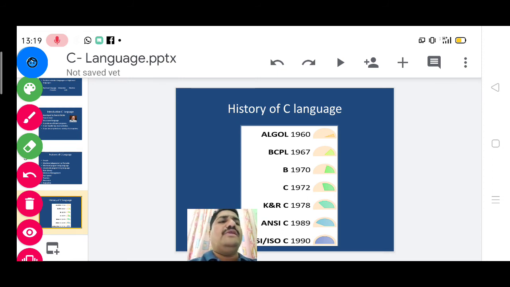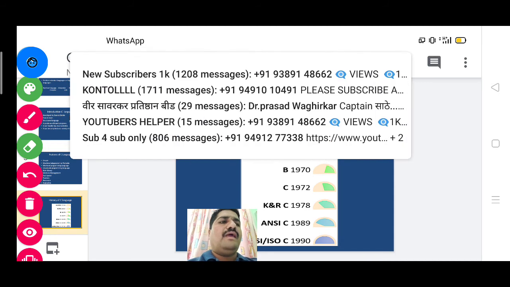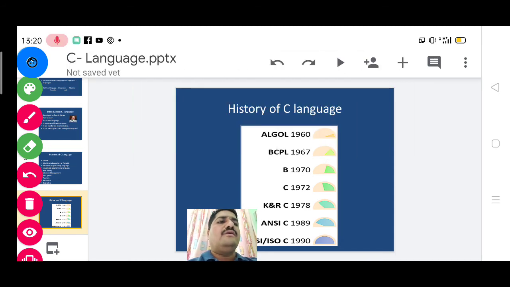The development of C language: ALGOL in 1960, then BCPL in 1967, then in 1970 the B language, and then C was developed by Dennis Ritchie in 1972, called the C language.